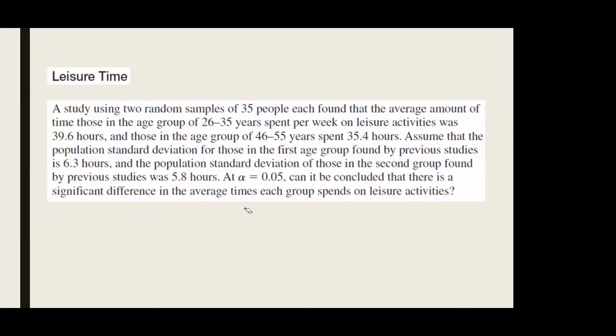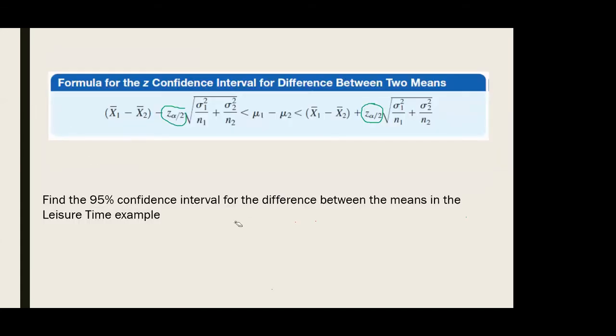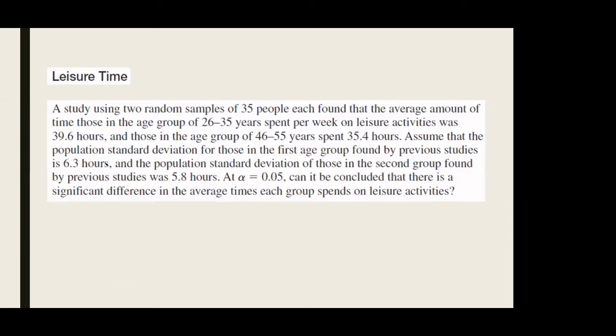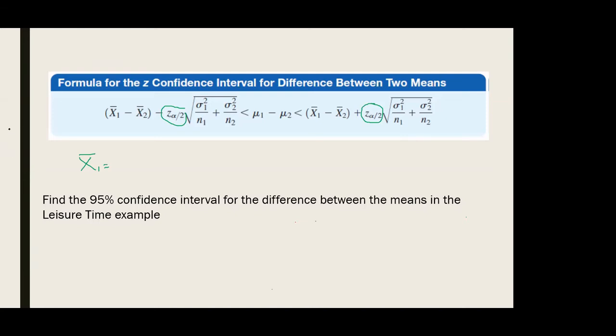Okay, so let's get the sample mean. So we have here 39.6 and 35.4. And we have also the variance.